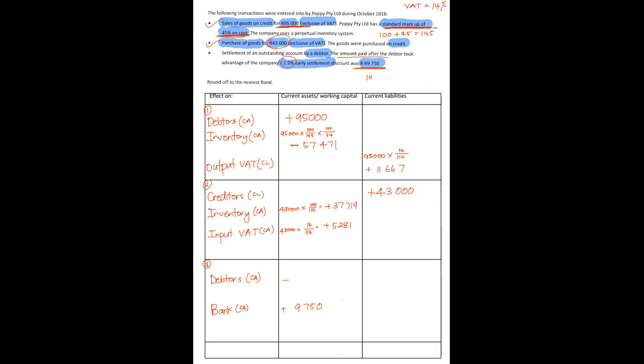Okay, so they're saying to you it's a 2.5% discount. So you're saying that a certain amount times, instead of paying 100% of the amount, you are now paying 2.5% less. And that would have given you the 9750. So 100 minus 2.5% is telling you that it's 97.5% that was actually paid.